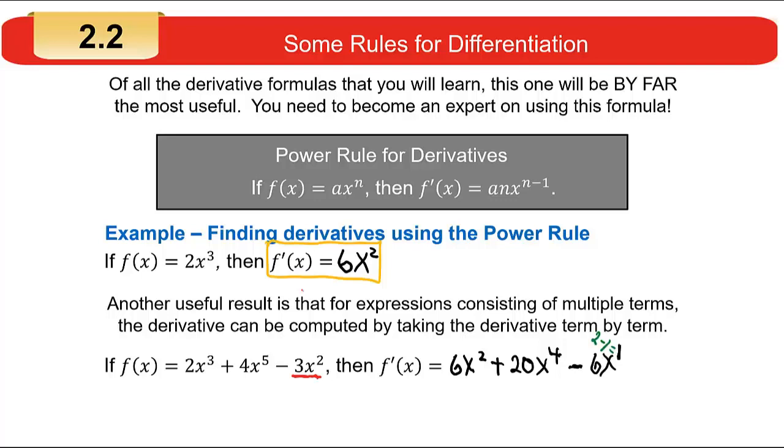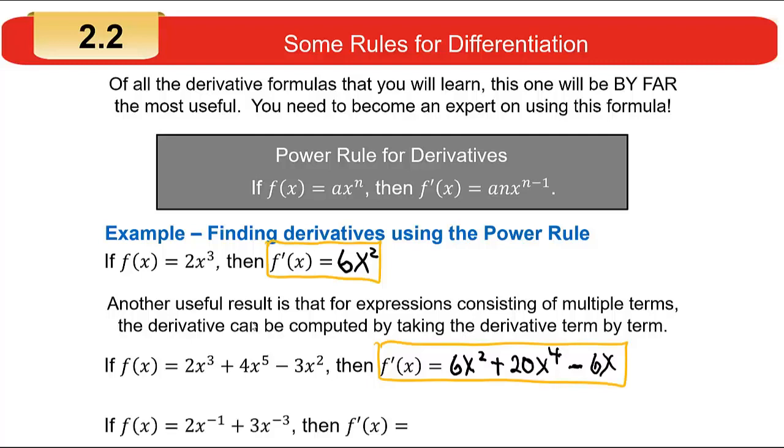Then you drop the 2 down to a 1, so you get minus 6x to the 1. And of course, you don't need the 1. An exponent 1 is understood, so if you want to write it as x to the 1, of course you can, but you don't really need the 1 there. And that's all there is to it. You should be happy to have a formula that saves you so much work.